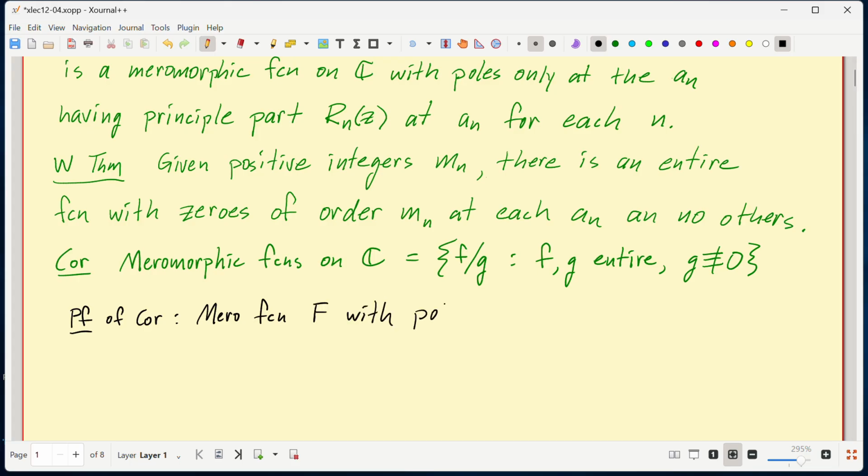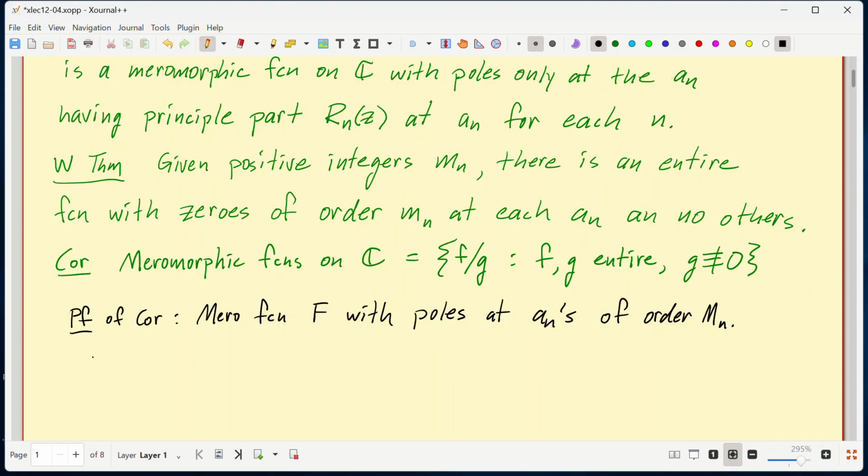Of course, the a_n's are discrete, so if there's infinitely many poles at the a_n's of order, let's call it m_n.